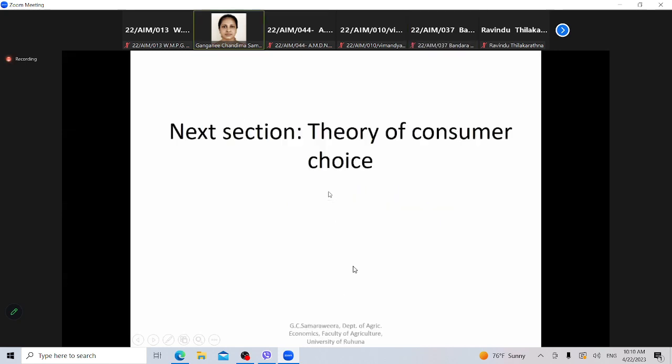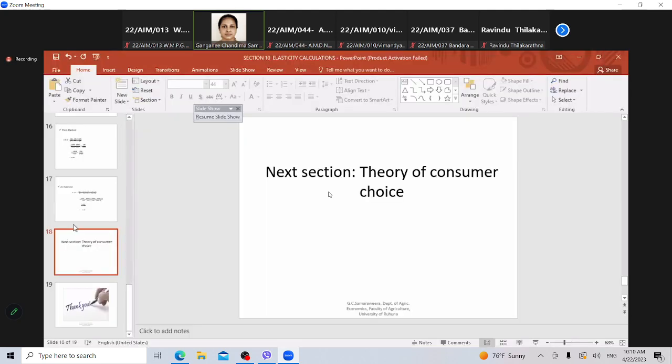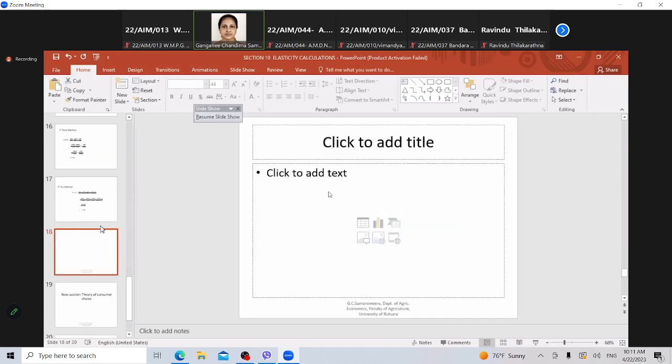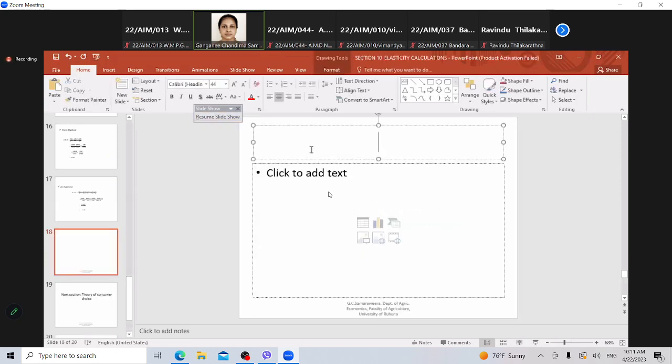Now let's move. Before moving to the next section, consumer choice, I'll just give you another 2 calculations. I'll just draw here because I understood some students didn't get the point clearly. Very simple, I'll give you price elasticity of supply.